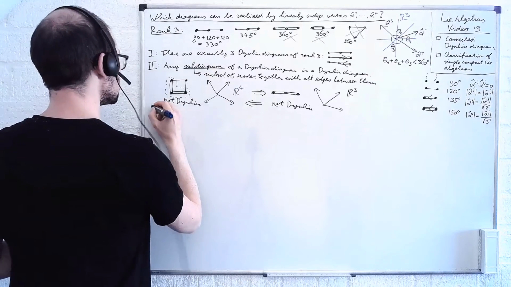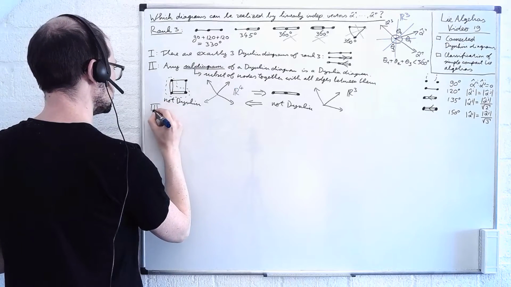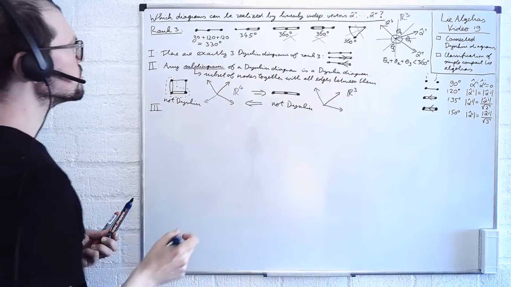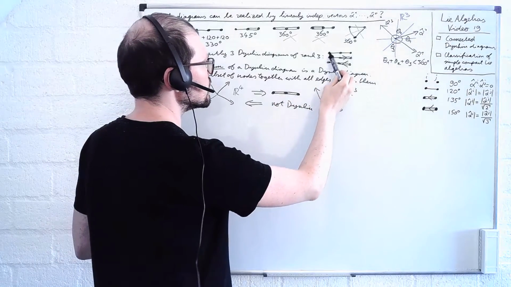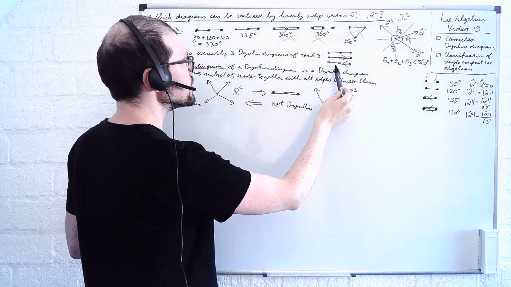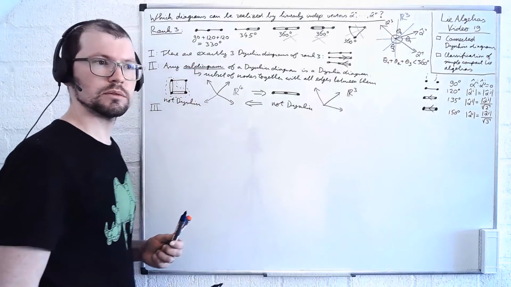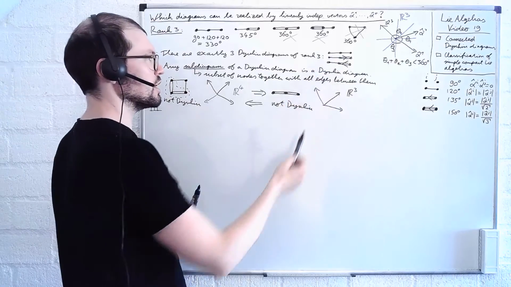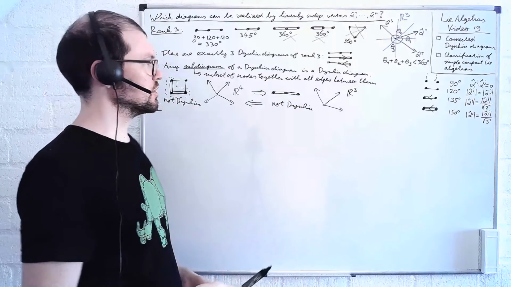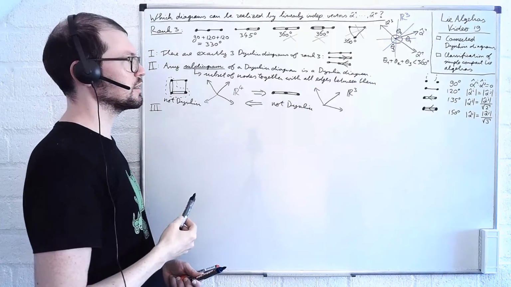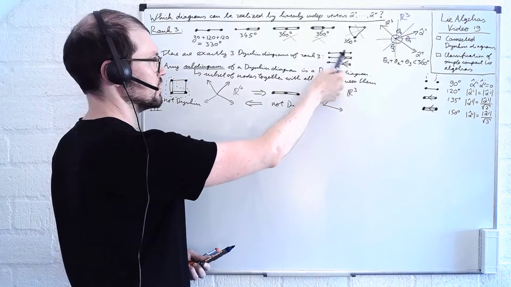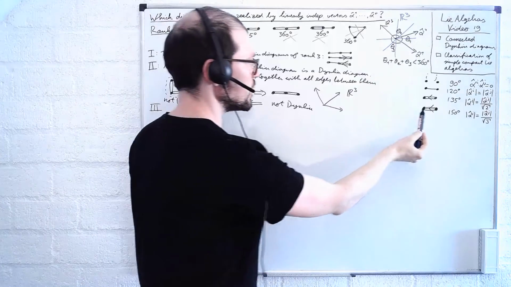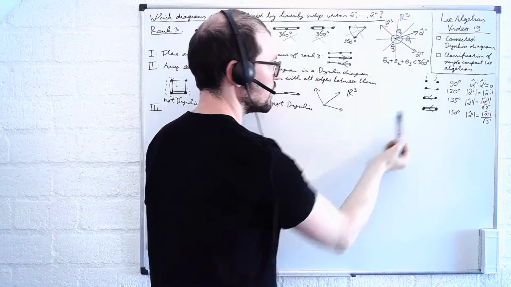So in particular, what can we deduce from this? Well, for instance, there are no rank 3 Dynkin diagrams that have a triple line. So that means that even in larger graphs, there cannot be a triple line, because otherwise I could find some subgraph that has the triple line in there, and it would give a graph which is not a Dynkin diagram. So a direct consequence of this is that the triple line really can only appear in a rank 2 diagram.